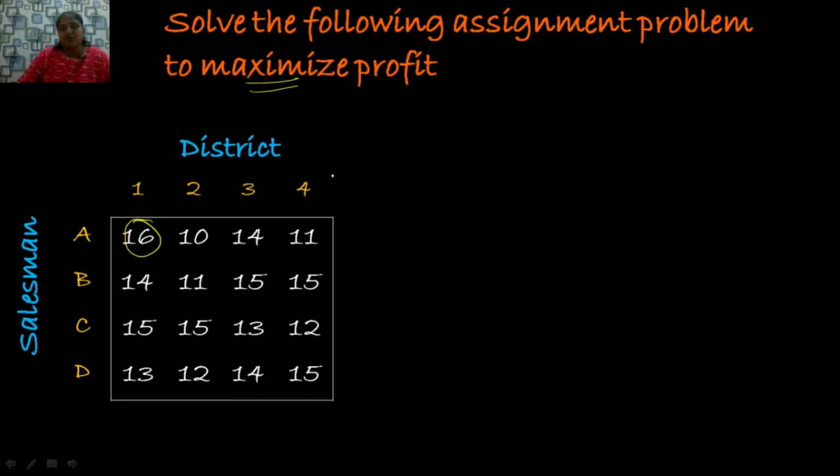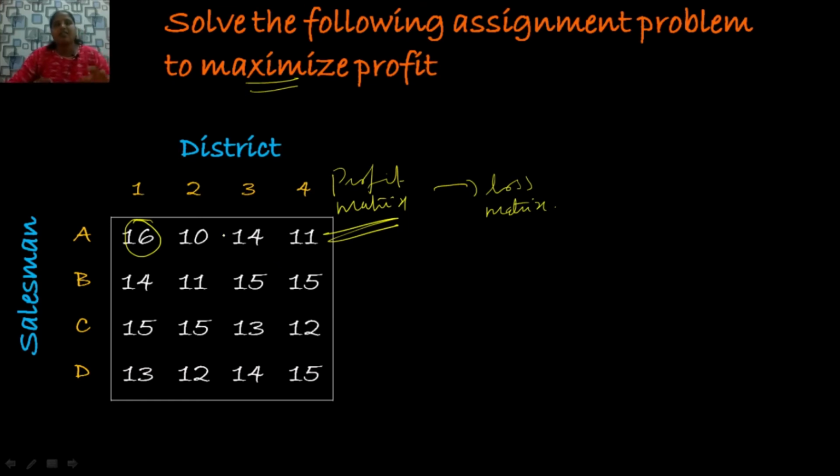Since the objective function is of maximization type, this is a profit matrix, so you have to convert this profit matrix to a loss matrix. Then after row and column reduction, check whether each row and each column has at least one zero element. If not, you have to choose the row minima and column minima to subtract from row entries and column entries.